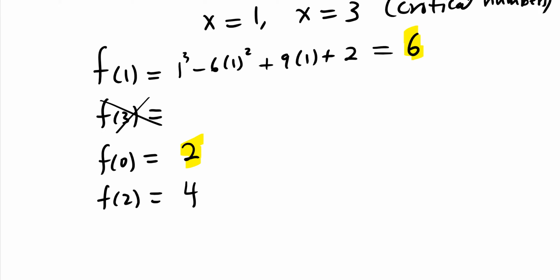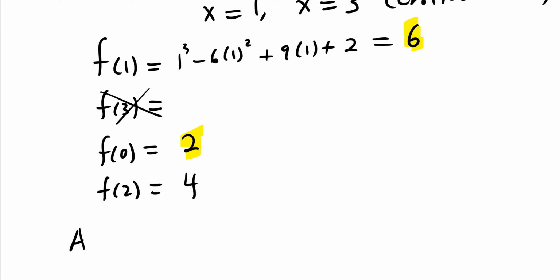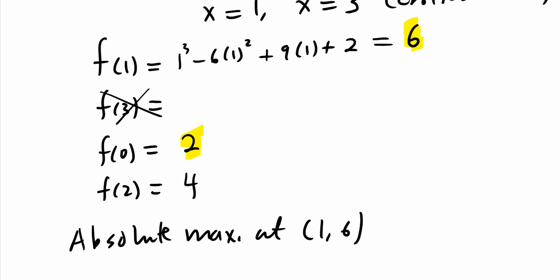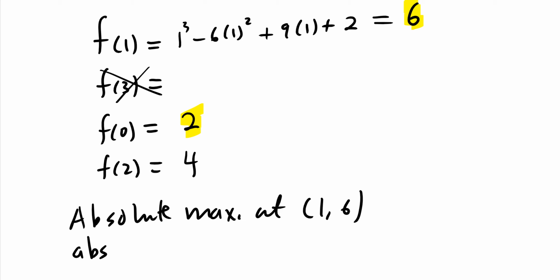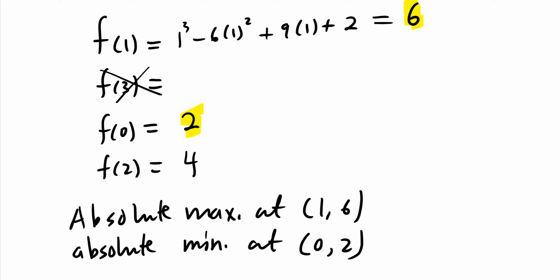Lowest is this one. So this means there's an absolute max at the point 1 comma 6, and there's an absolute min at the point 0 comma 2. The value of that is 6 and 2. That's the highest the graph can reach.